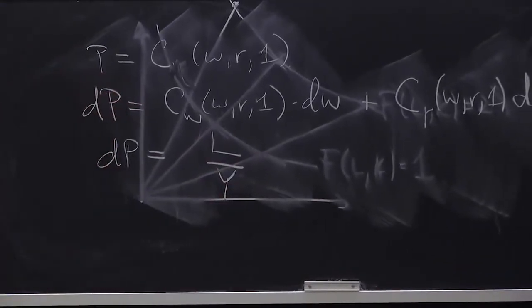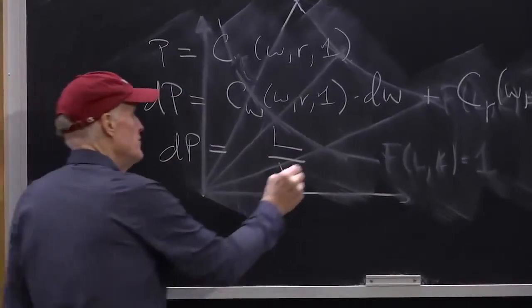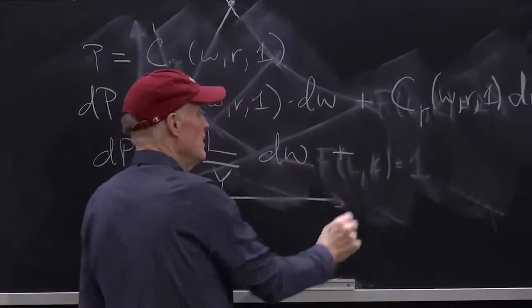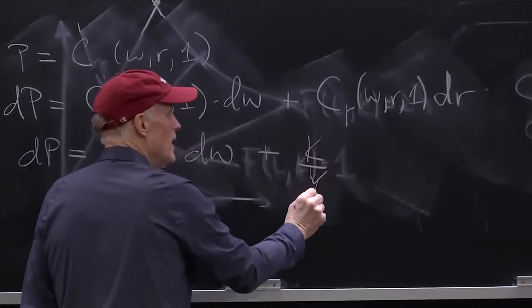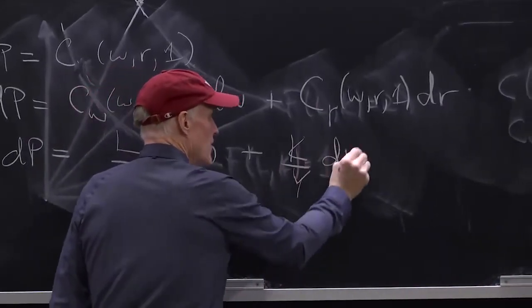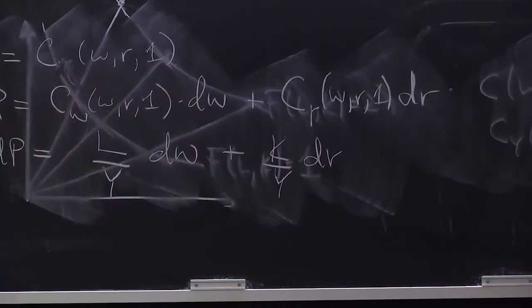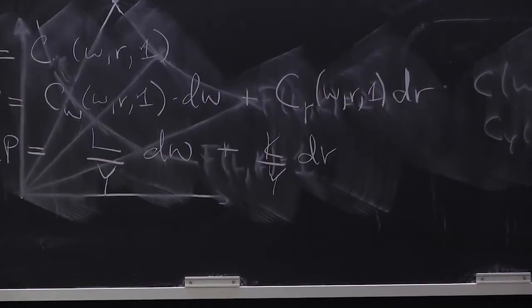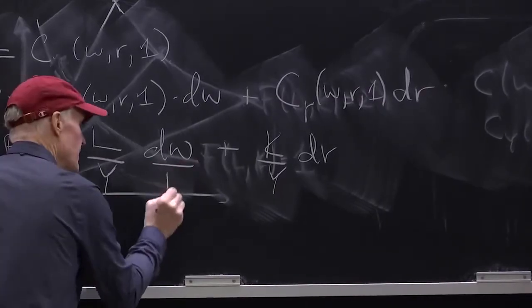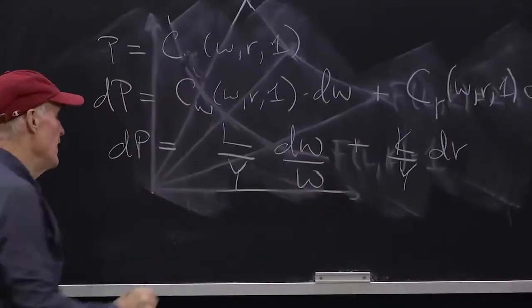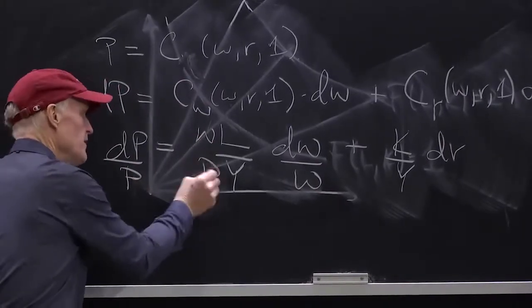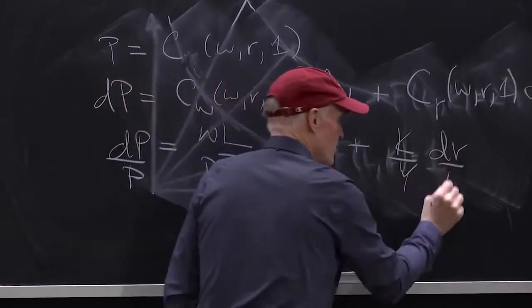It's labor per unit output times dW plus K over Y dR. Okay, we're getting close. I want to make these into percentage changes. Divide that by W. I want to put a W there. Divide that by P. I put a P here. Do the same for R.